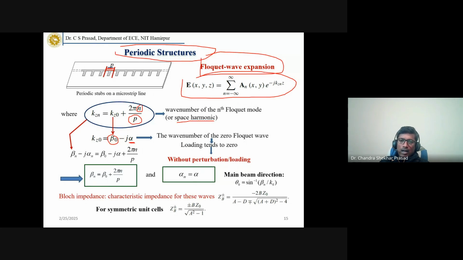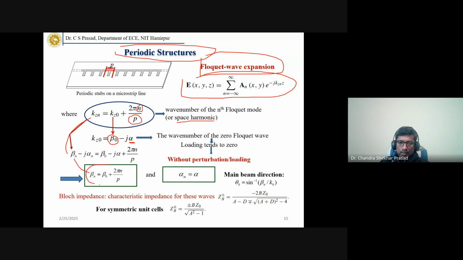Fine. Now, out of this n number of harmonics, some harmonics may be fast. Fine. And that harmonic is going to participate in your leakage. So we can put here beta n minus j alpha n on the right hand side. And from here you can write beta n is beta0 plus 2 pi n by p.